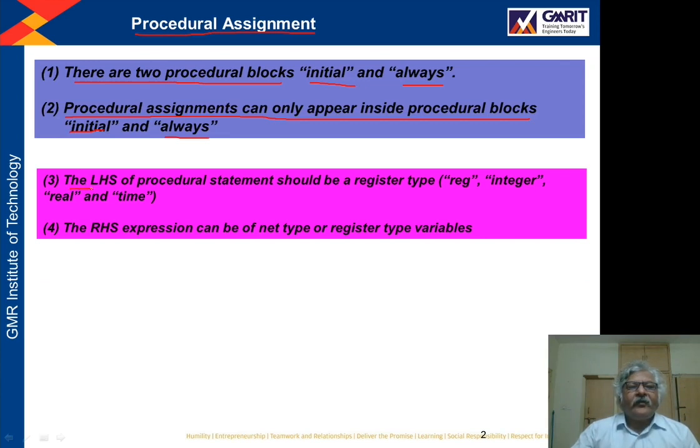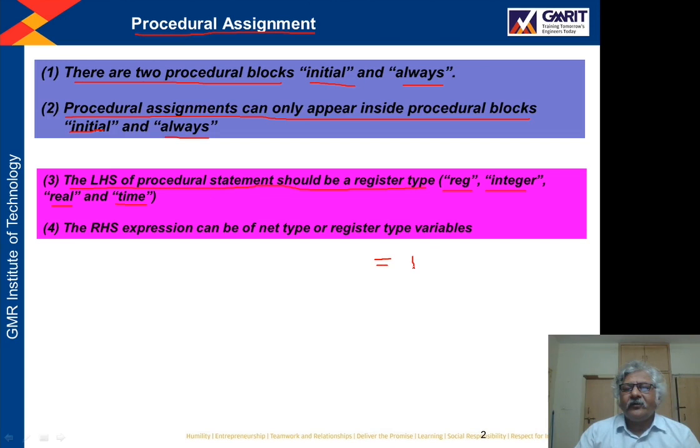Now the left hand side of a procedural statement should be a register type. We know there are four register types, and these are reg type, integer type, real type and time type. So suppose there is some procedural statement.